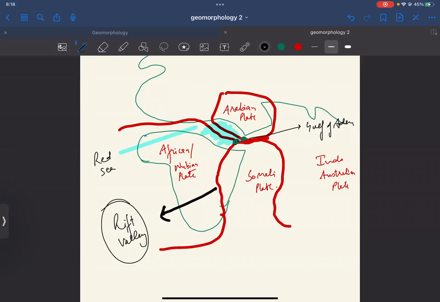This junction is known as the Afar Trijunction, or we call it the Afar hotspot. Right? Keep this in mind.